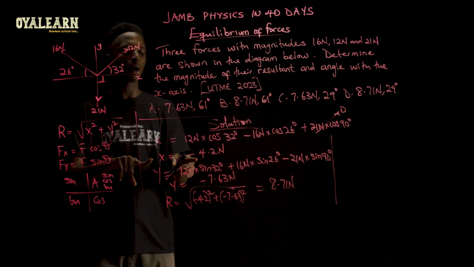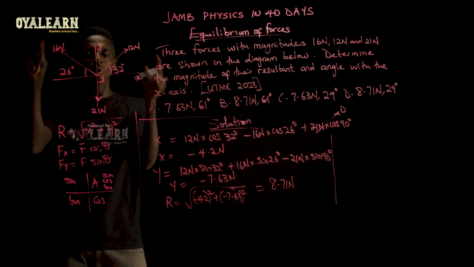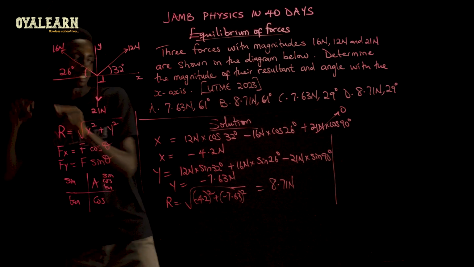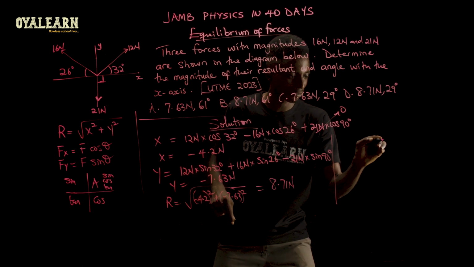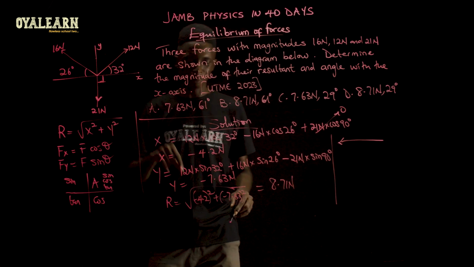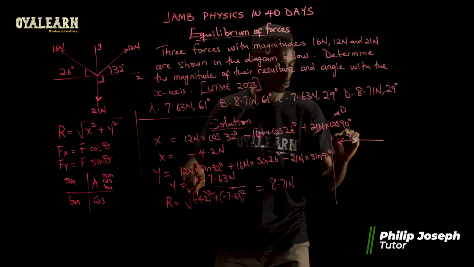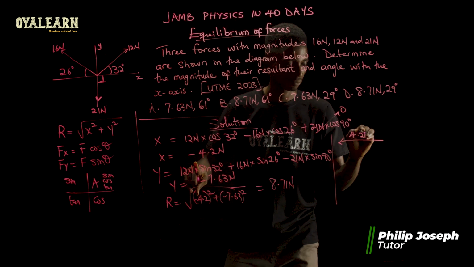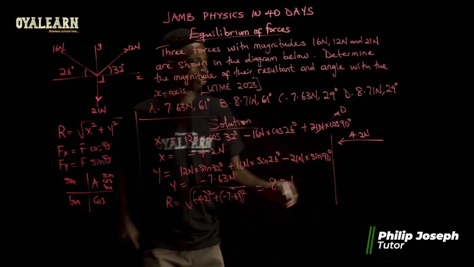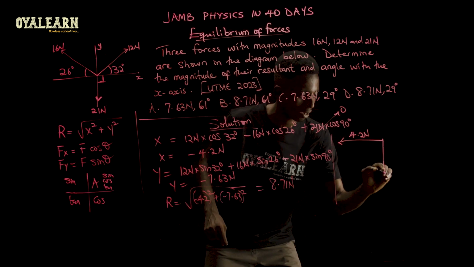Now take note, the x component is in the negative. That is, when we resolve it, we're going to be going in the negative x axis, like this part here. So the resultant x force is going like this, and the magnitude of the x component is 4.2. And then for the y, it is also negative, so it will be going down. So we'll come this way now. This is our y.